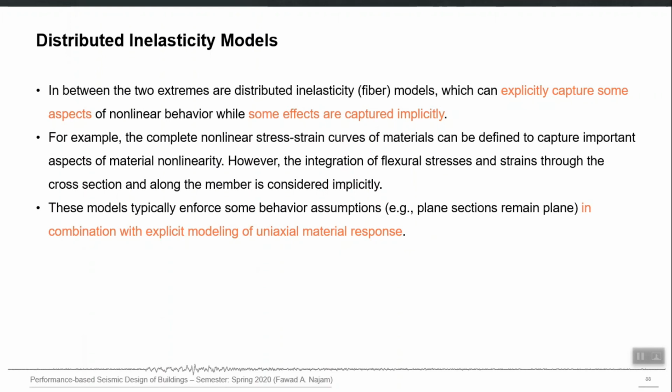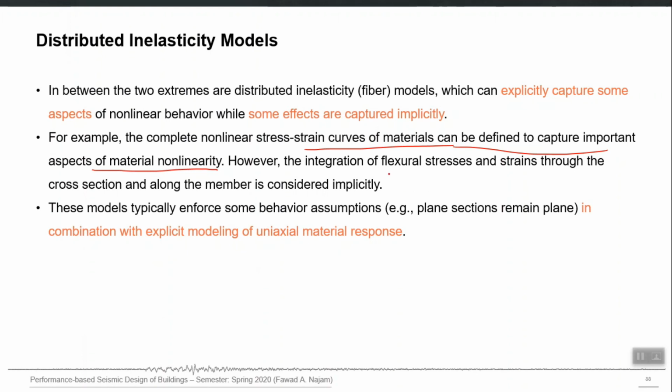For example, the complete nonlinear stress strain curve of material can be defined to capture important aspects of material nonlinearity. So material cracking, crushing, yielding can be explicitly accounted for in this kind of model.